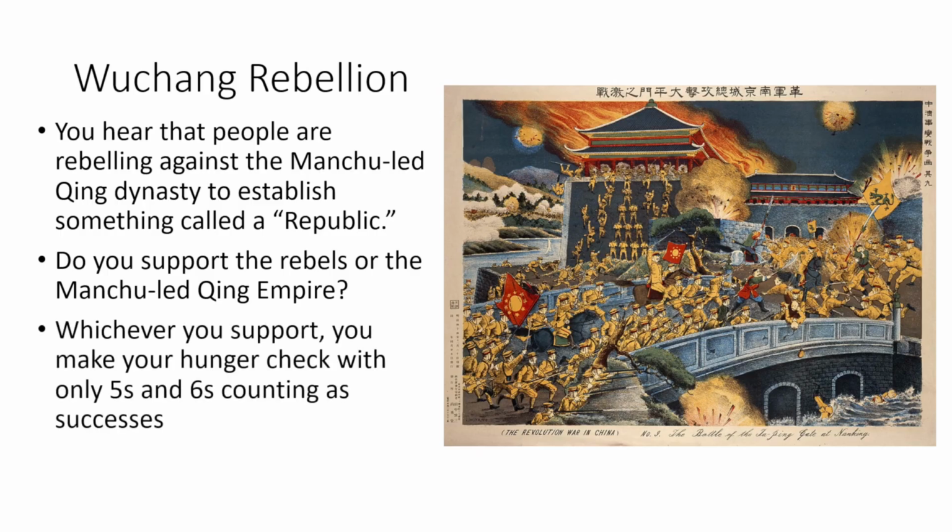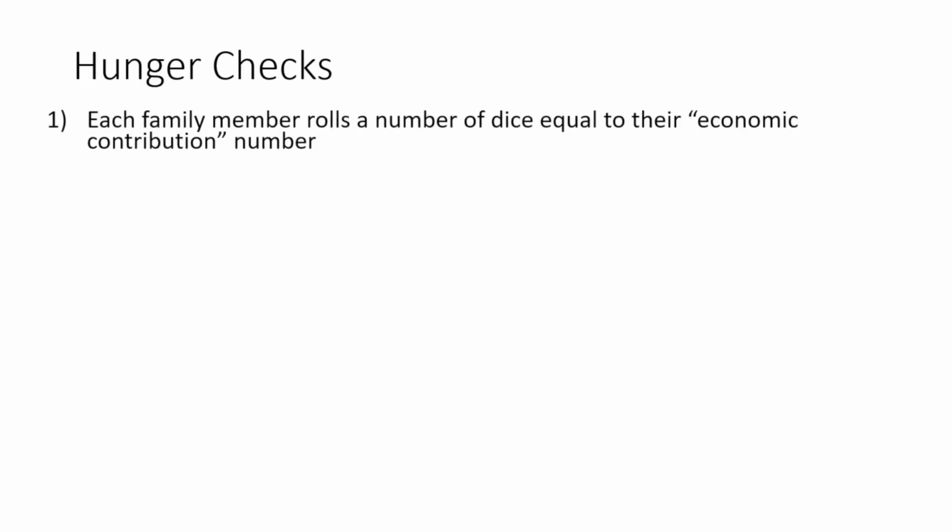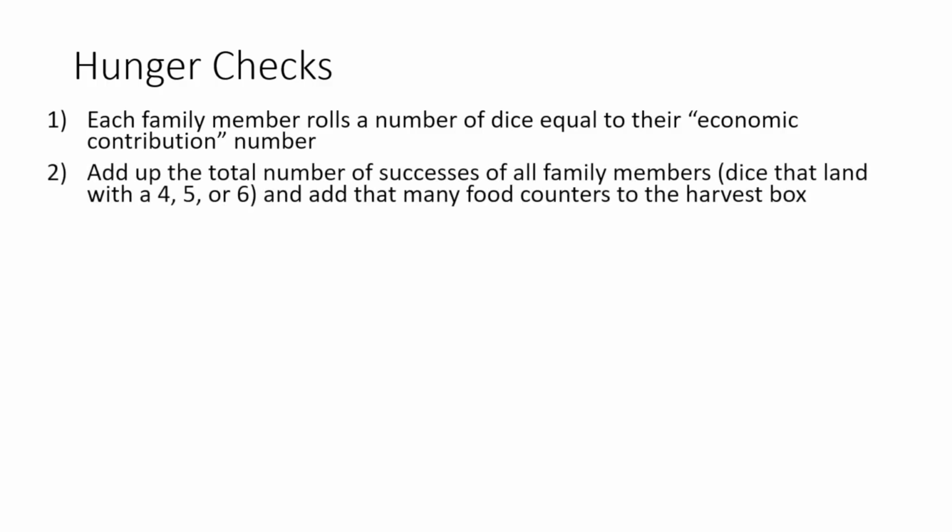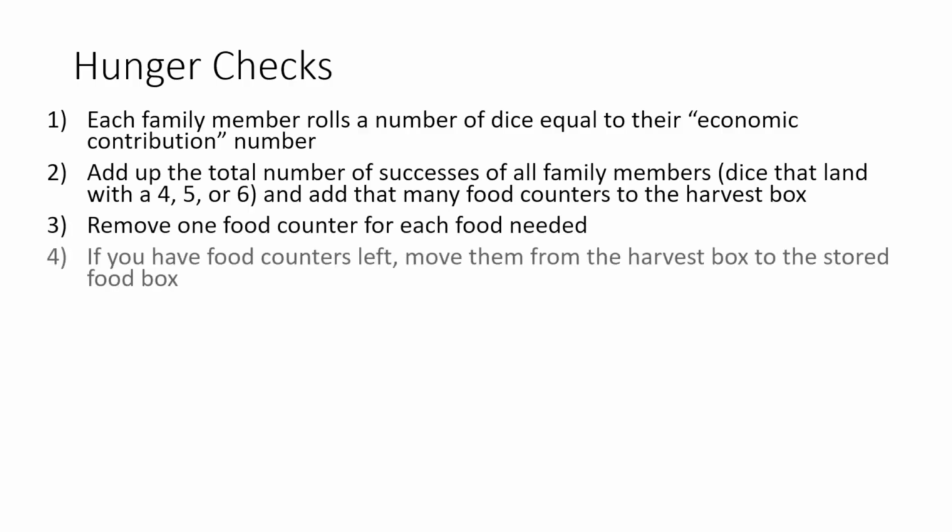Whichever side you support, you must make your hunger check with only 5s and 6s counting as successes. Each family member rolls a number of dice equal to their economic contribution number. Add up the total number of successes of all family members and add that many food counters to the harvest box. Remove one food counter for each food needed. If you have food counters left, move them from the harvest box to the stored food box.